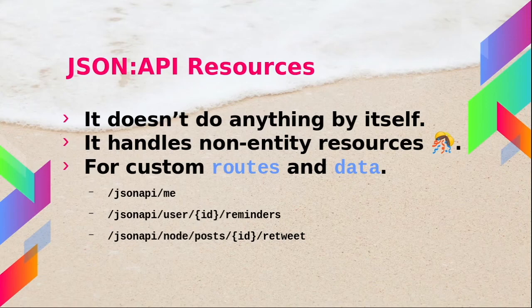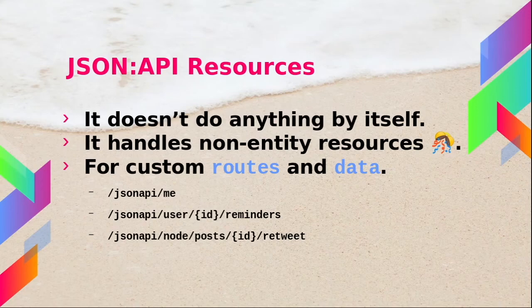Luckily, there is a module called JSON API Resources, which allows you to build these custom JSON API things that are not entities, like, for instance, database logs, or things that are not following the patterns of the JSON API module or building URLs, like, for instance, JSON API/me, right, to get the currently logged in user?